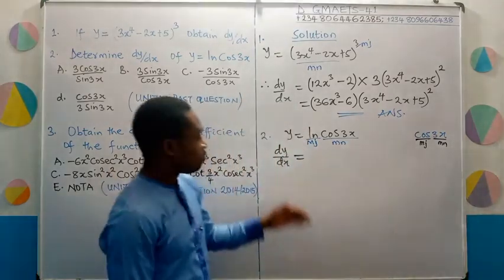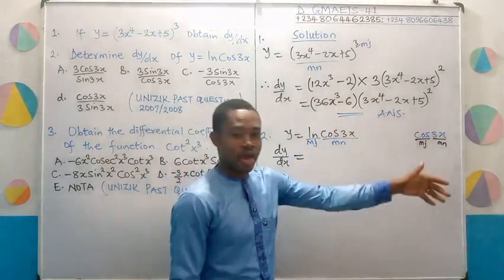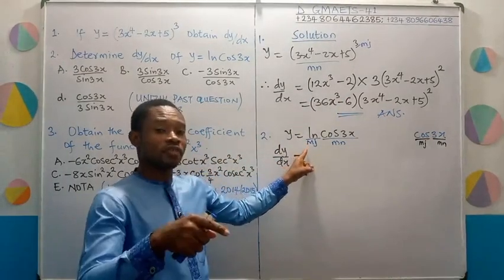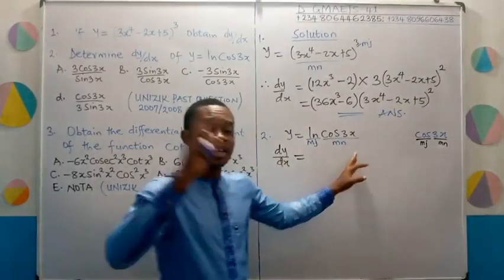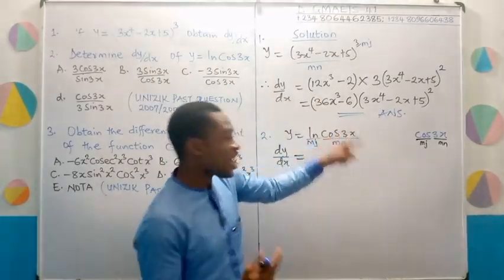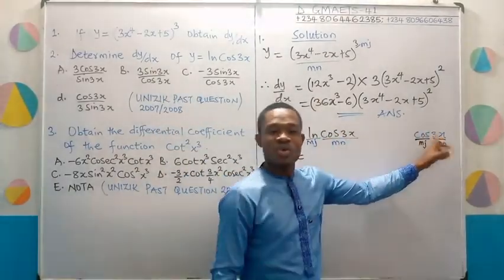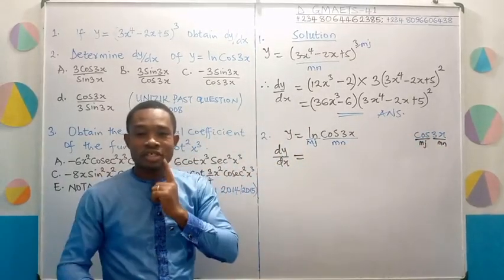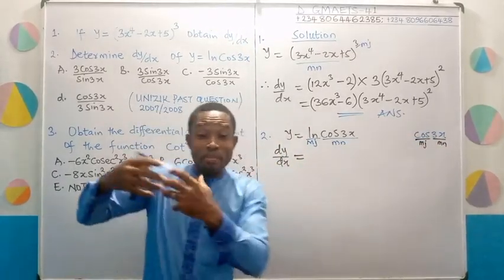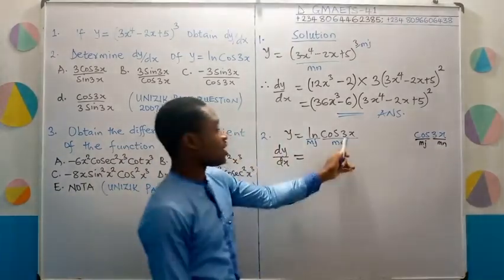Remember, for ln cos 3x, ln is the major function, then cos 3x altogether is the minor. But this cos 3x has another minor, which is 3x, where cos is its major. So differentiating from the minor of the minor means we start differentiating from this 3x.